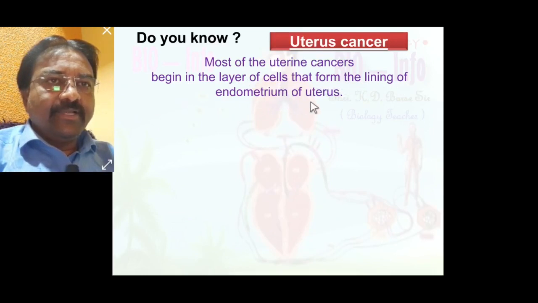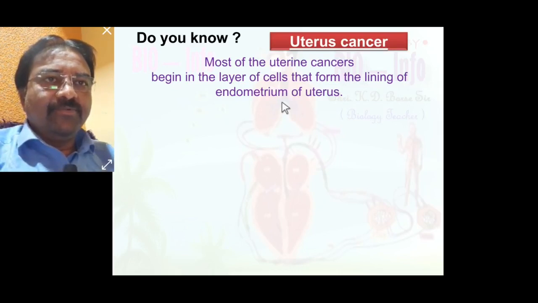You know, the endometrium is one of the uterine walls. At the time of each menstrual cycle, the endometrium breaks down and a repairing process occurs. So the endometrium shows most of the time uterus cancer.